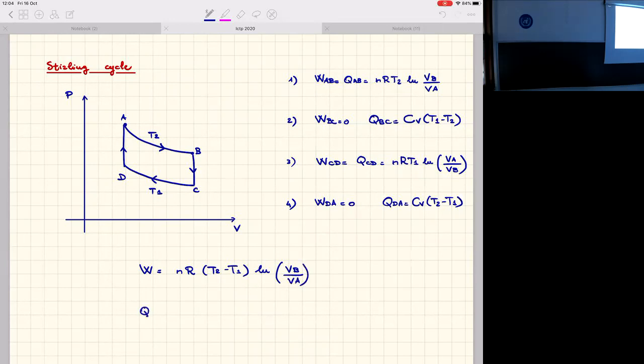Now the efficiency is going to be equal to W divided by Q_AB.